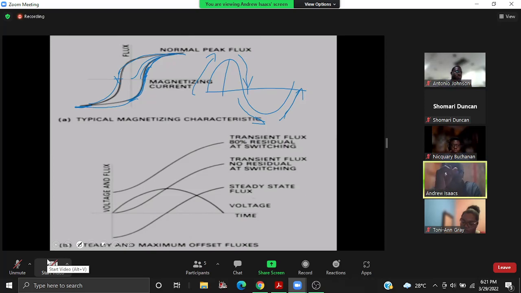So what you want in the core material for your transformer is that it is easily magnetized, easily demagnetized, but you also want it to retain as much of its flux as possible. So in other words, the more energy you use to demagnetize it, the more it's going to be using and creating more core losses. So you want to use less energy to remove the magnetism, all right?